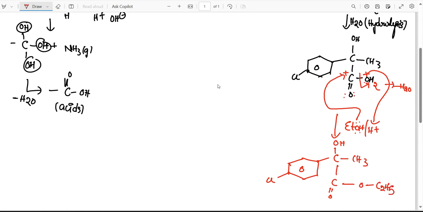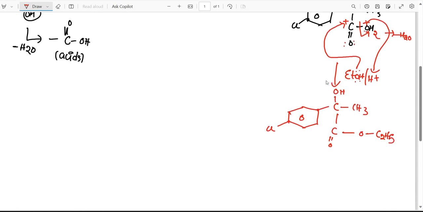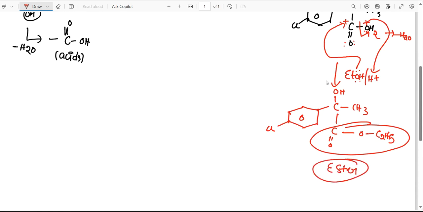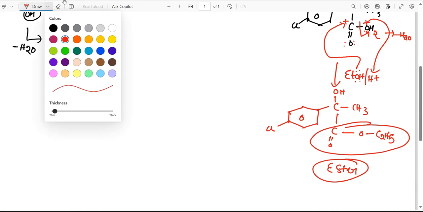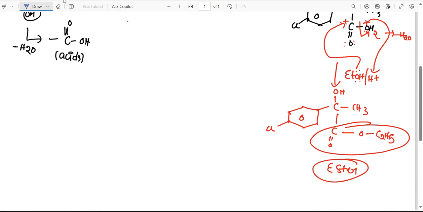Ethyl alcohol will be written as C2H5. We observe that this product is called an ester. We have to keep in mind that when alcohols are reacted with acids, esters are produced.